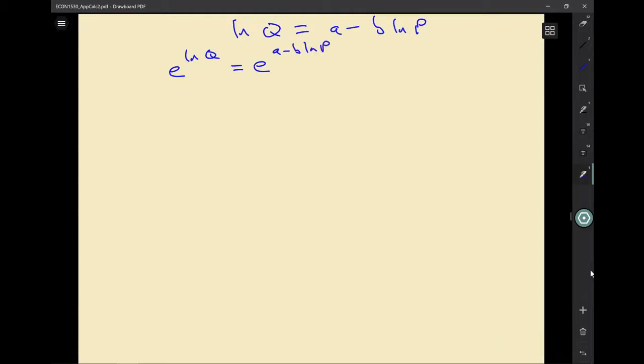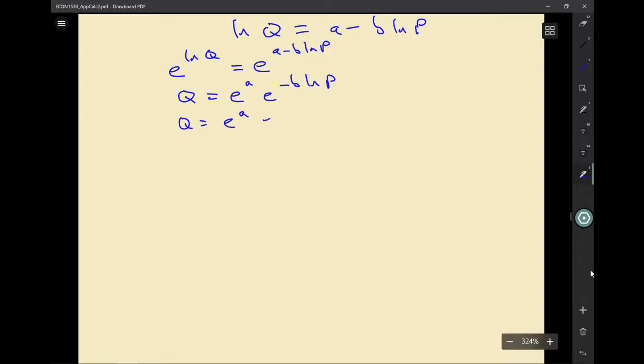The left-hand side's pretty straightforward, the left-hand side's going to be q. The right-hand side, we're not ready yet, we have to do a little bit more work. So if we're adding exponents together, that means the bases were multiplied together. So I can rewrite the right-hand side as follows. Like that.